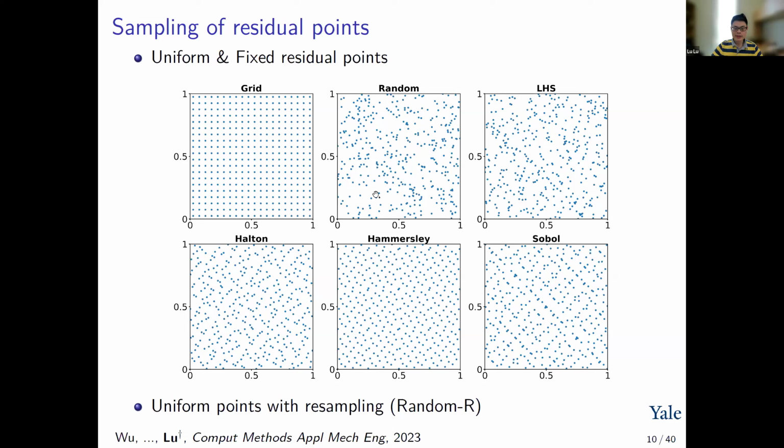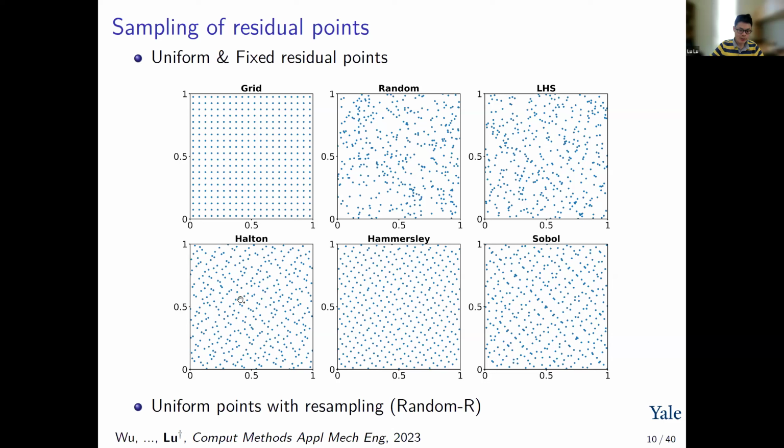In addition to this standard random sampling, we can also do many different other random sampling. For example, LHS, which is Latin hypercube sampling. Or if you are familiar with different versions of so-called Halton sequence or Sobol sequence. These sequences, if you draw the points in 2D, they are similar to random, but this is not random sampling.